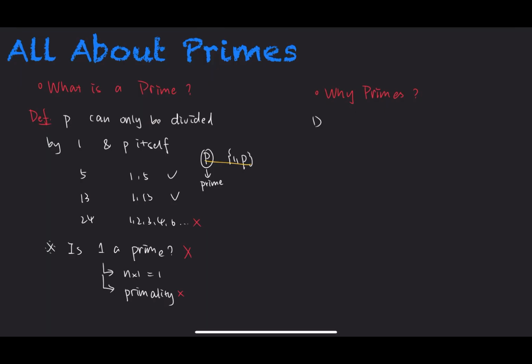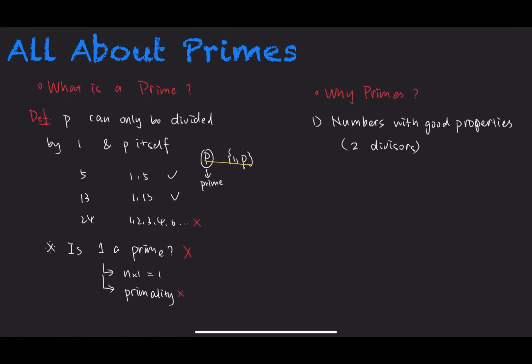And primes are a very prime example, ignore the pun, that has good properties. You see that it only has 2 divisors, 1 and itself, and that is a very good property indeed, because when we start counting divisors of increasingly large numbers, they start to get out of hand. So the first reason for primes is that they have good properties, many of which we will see later on in this video.